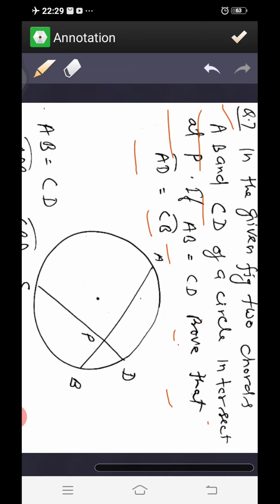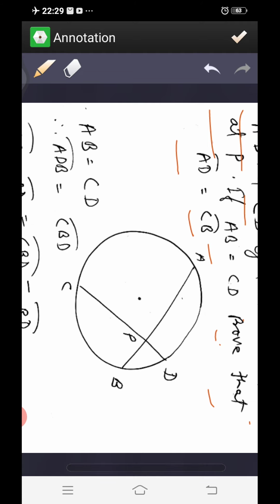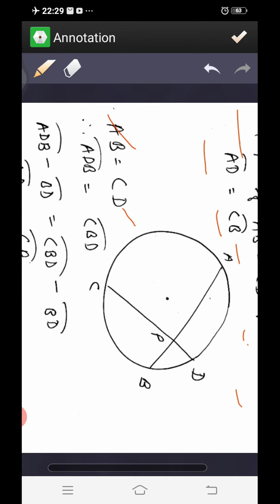We can see that two chords AB and CD are given, and chord AB equals chord CD. Both chords are equal, so we can say arcs ADB and CBD are both equal. Equal chords cut off equal arcs.